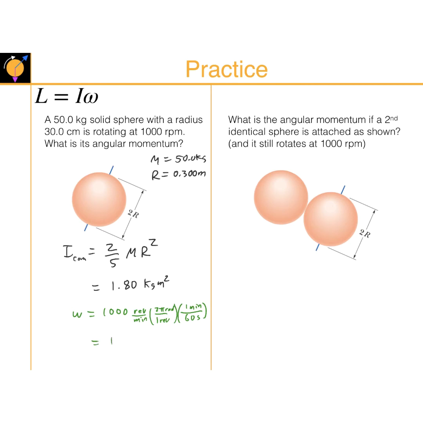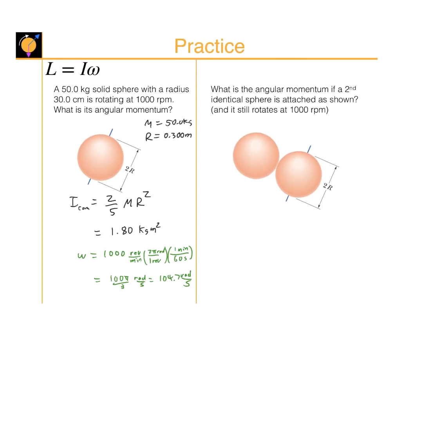And when I figure that out, I get 100 pi over 3 radians per second, which works out to approximately 104.7 radians per second. So that's the moment of inertia and the angular speed.